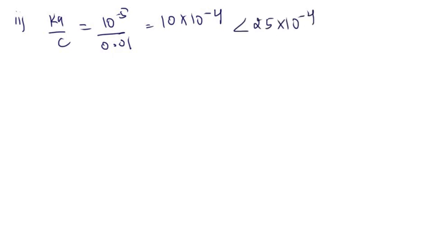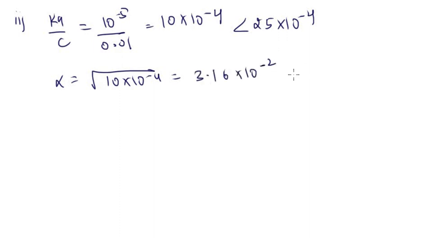We can neglect it. Alpha comes out to be under root of Ka upon C. So it is under root of 10 into 10 to the power minus 4, so it is 3.16 into 10 to the power minus 2.